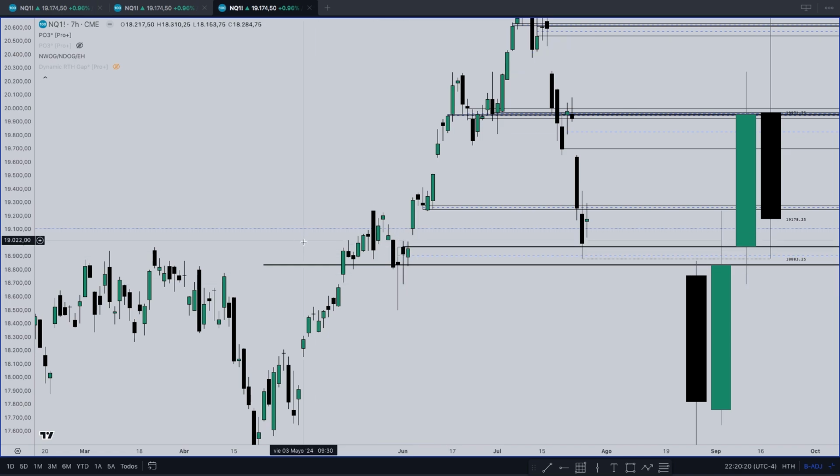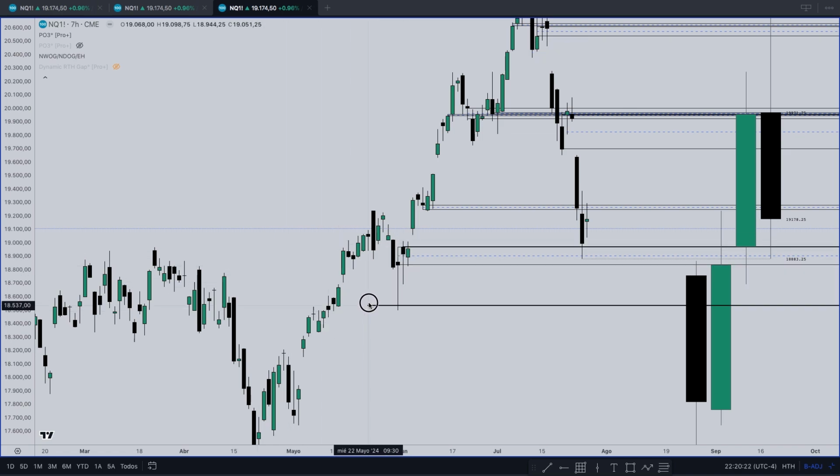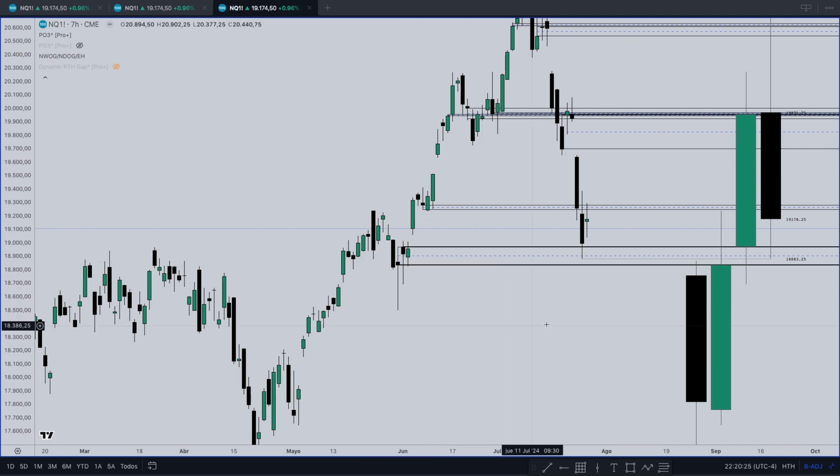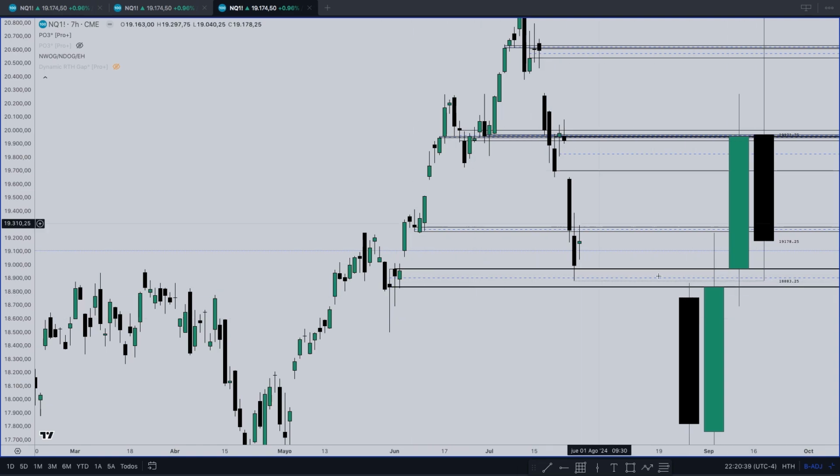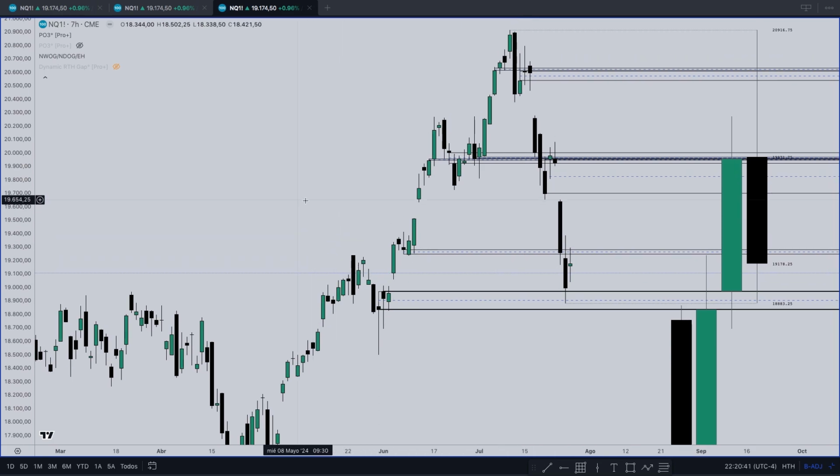You see? This level, and look at the wicks and how we respect exactly this price level. It's insane. So it's important to have this in your chart.